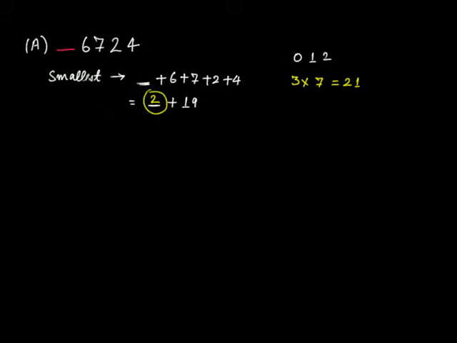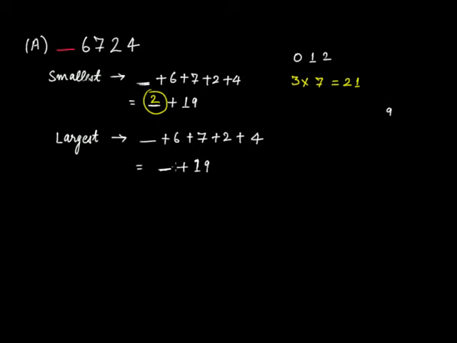Now let's check for the largest digit possible in this case. Again, you have blank space, then 6 plus 7 plus 2 plus 4. This will be blank space plus 19. Now, for this largest digit, what if I put 9 here?